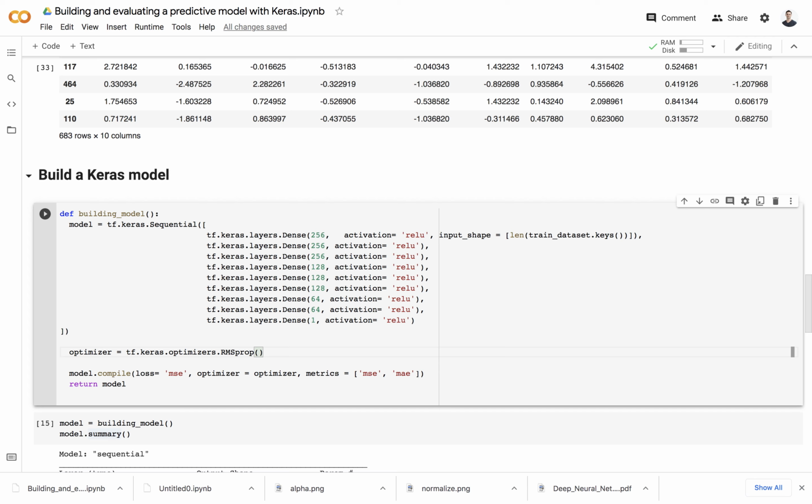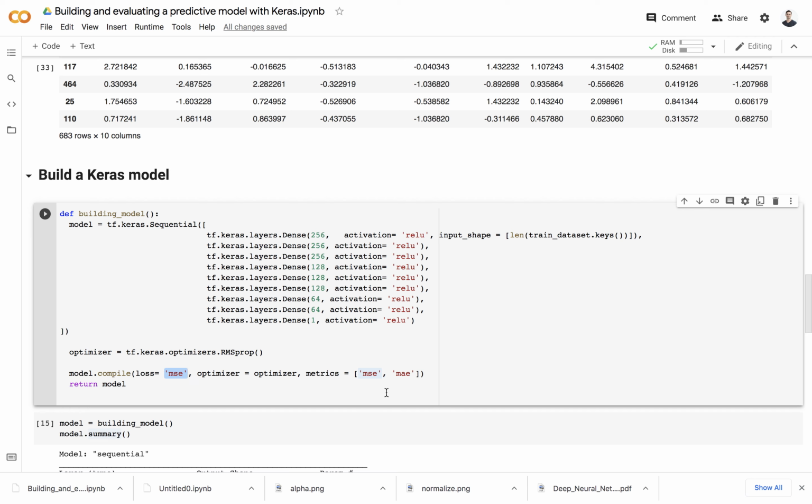I don't have any specified alpha learning rate. I can specify it like this, but I prefer to keep it as default. And for the loss function, there are also many different loss functions for regressions and other types of models in Keras, but I have used MSE, mean squared error.